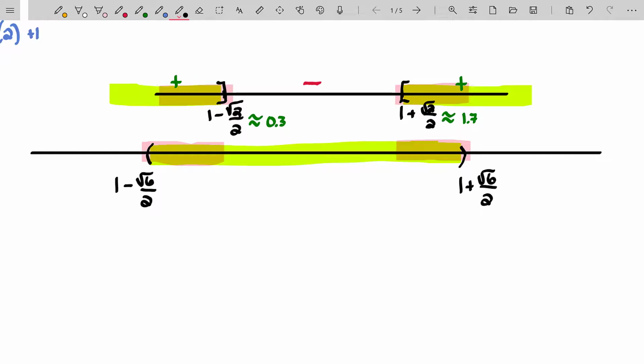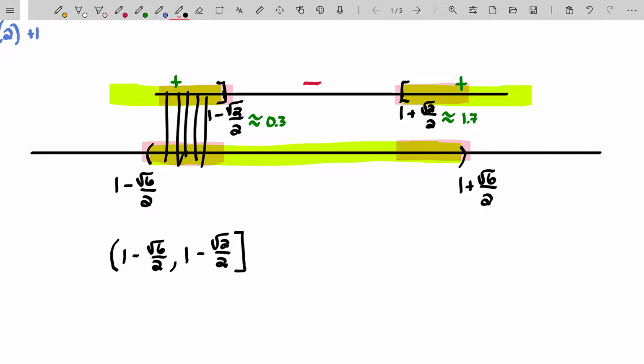Starting with the leftmost edge, it starts at 1 minus root 6 over 2. We're not going to include that. That highlighting will climb all the way up until you get to 1 minus root 2 over 2. You get to include that. And then you're going to skip over the whole central region because there's not a double highlighting there.